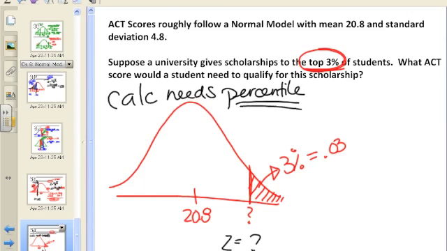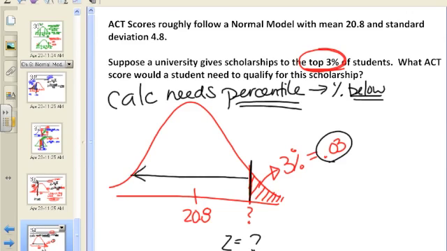Now, I know you're going to be tempted to use 0.03 because that's what's in my story problem. But remember, percentile is percent below that mark. So here's my mark. What percent is below? 97%, or 0.97. So be careful. Always give it percentile, percent below.